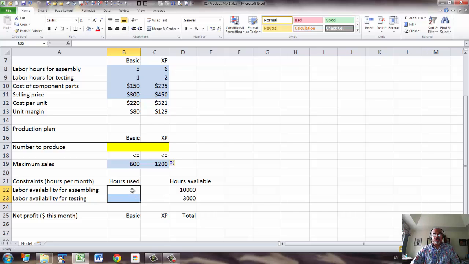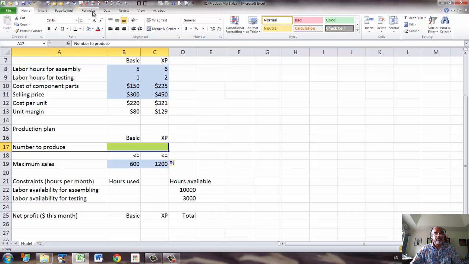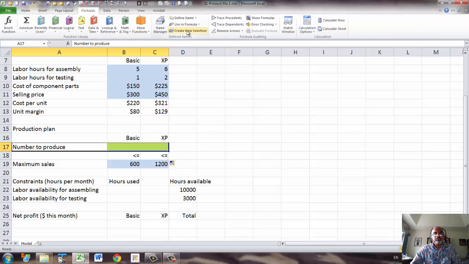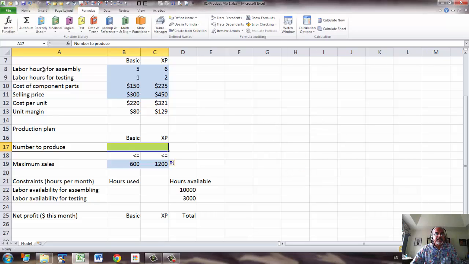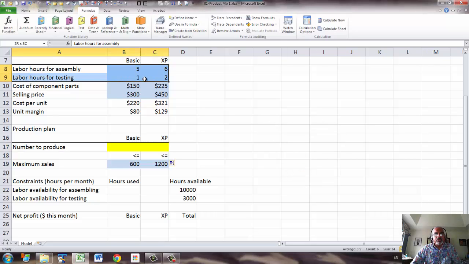The hours used constraint is how many hours of assembly labor we'll need to produce these two products. Let's give a name for that, and let's give names for the labor hours needed per unit also.